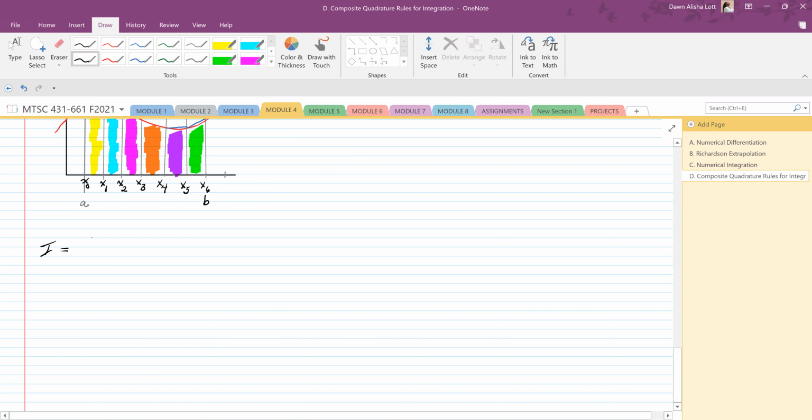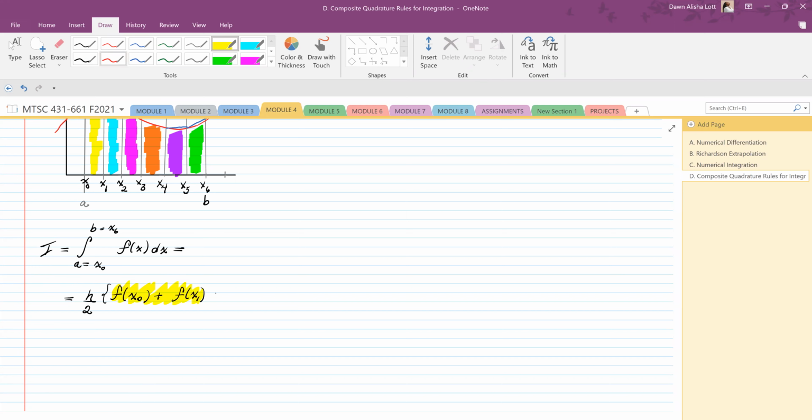So I is equal to the integral from a equals x naught to b equals x6 of f of x dx. And so now that's going to be equal to h over 2. And then we're going to have, this is long, I'm not going to write it all out, f at x naught plus f at x1. That's the first one.